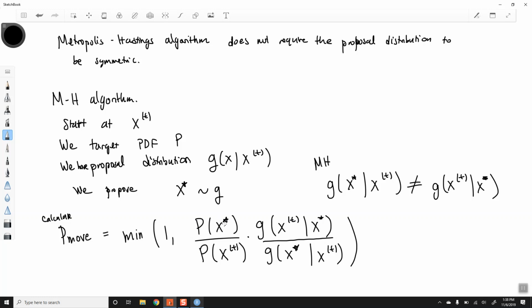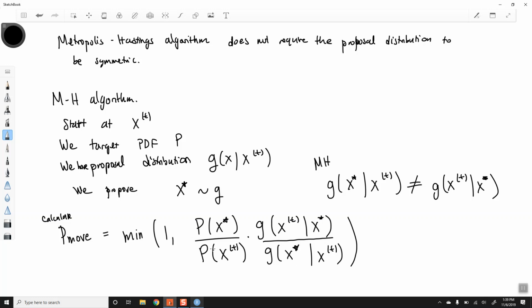So let's say this probability is very high, then we should accept it. But we might put on the brakes if our proposal distribution is biased towards generating that particular value.